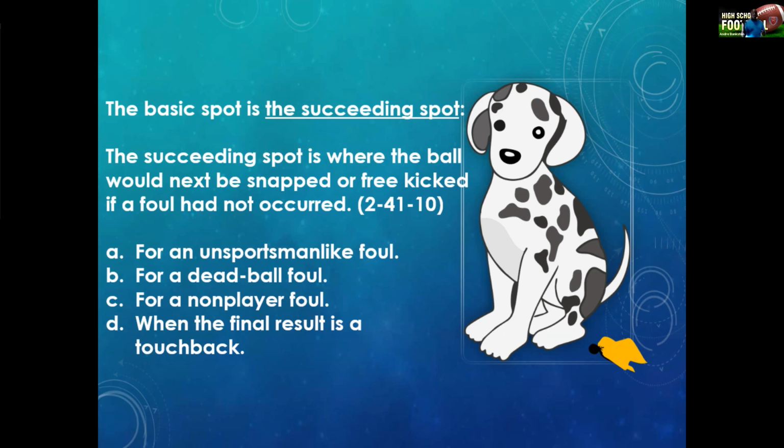So we're not going to throw a flag for taunting and then nullify the touchdown. No, the touchdown remains, and then it goes from either the try or the kickoff. So that's why we read everything else. Those don't count toward multiple fouls or double fouls. They're their own separate entity. So that's very important to know. Anytime you have any of those, it's from the succeeding spot.